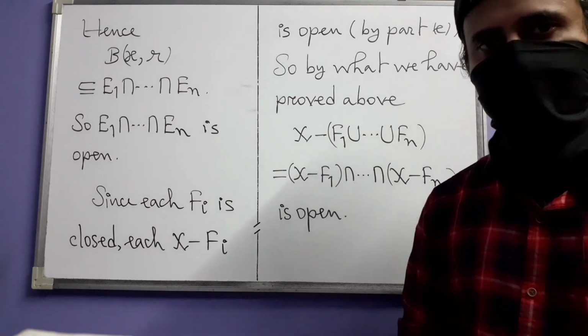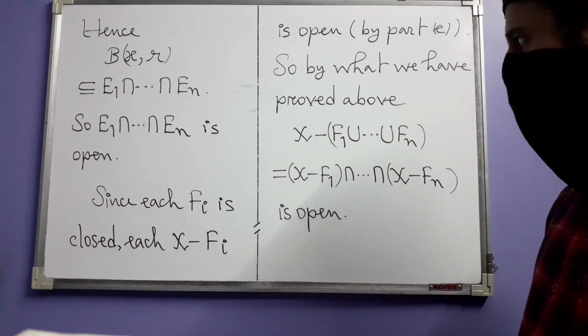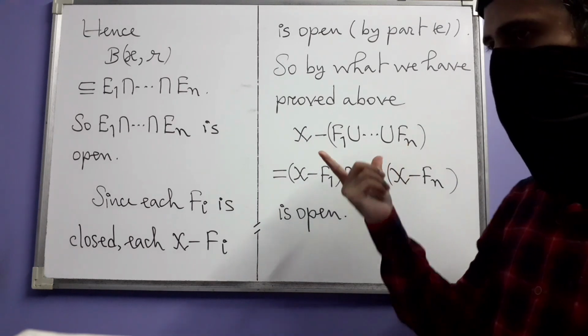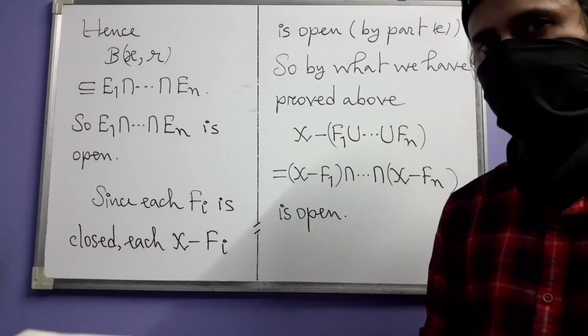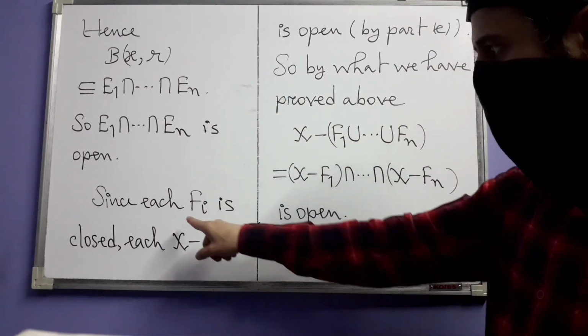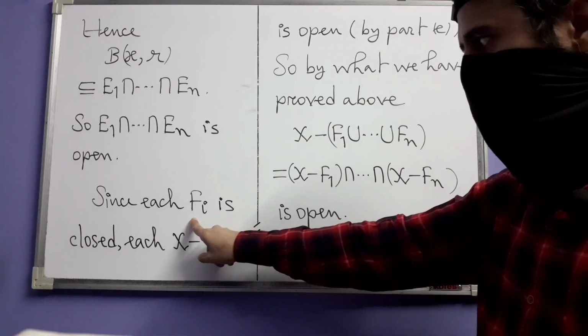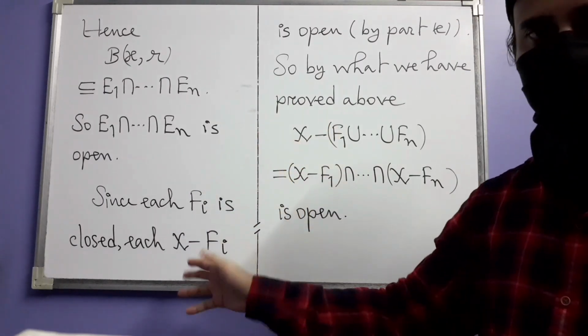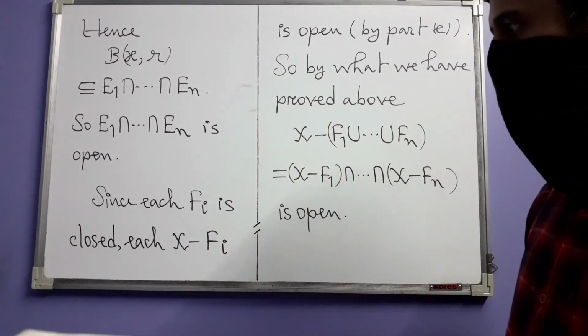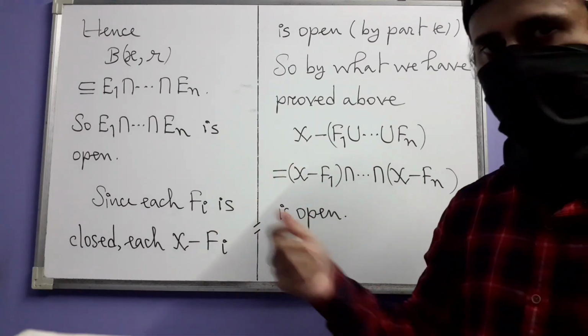Then we go to the next part, which asks us to prove that the union of the closed sets Fi is closed. We start like this. For this one, we do not have to consider elements or anything. We are going to use whatever we have proved so far.